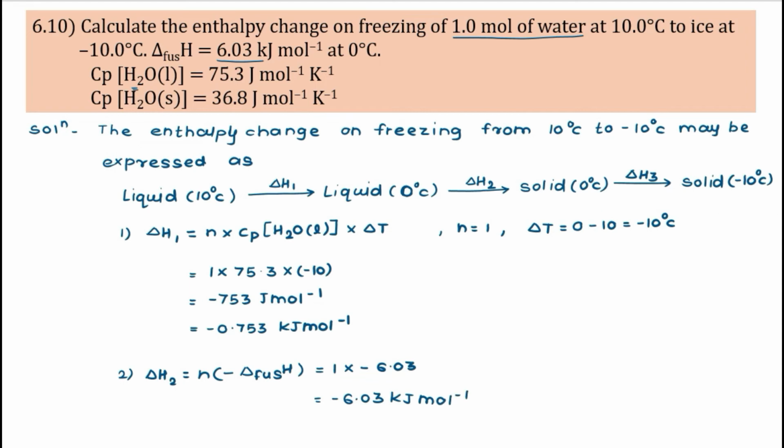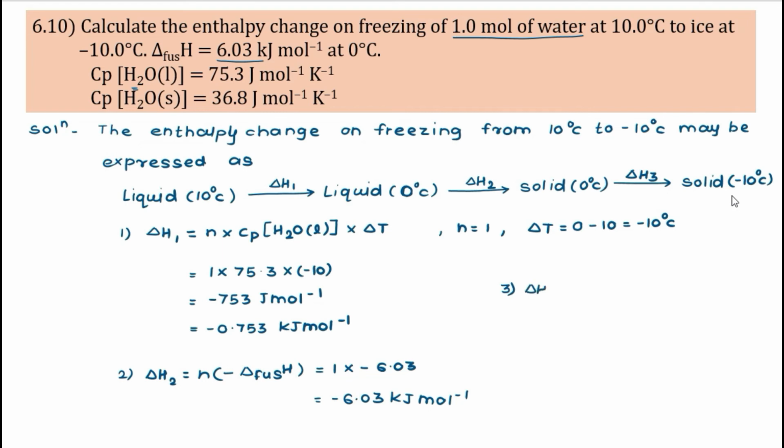Okay. Then third step. In the third step, we are going to find out enthalpy change delta H3. Delta H3 is the enthalpy change when ice at 0 degree Celsius is converted into ice at minus 10 degree Celsius.